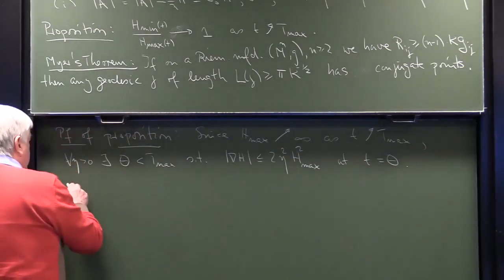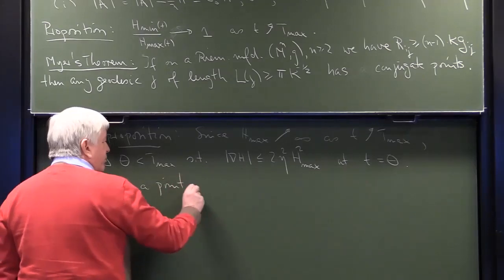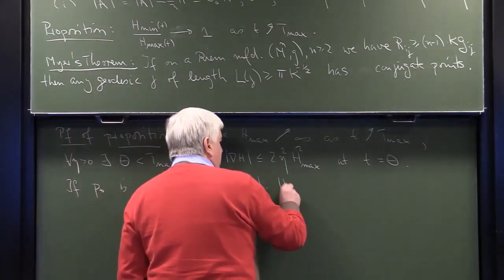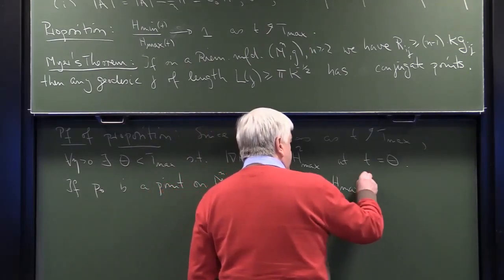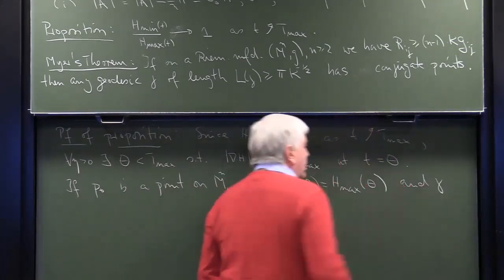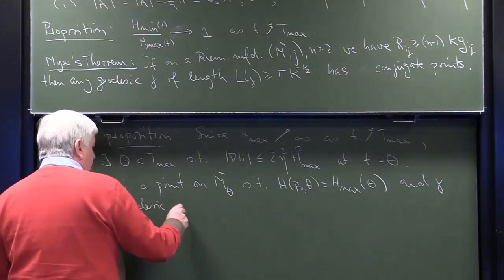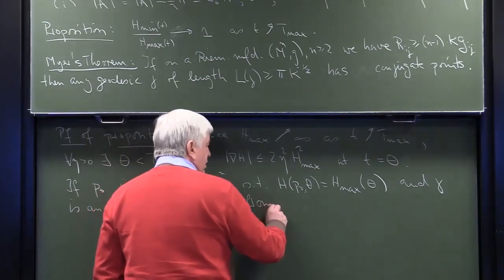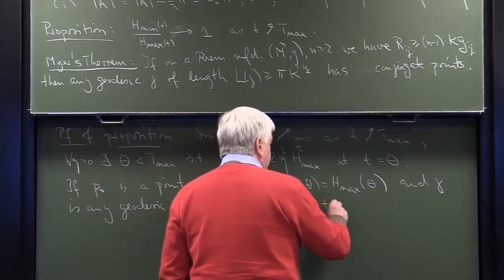So if we then take a point P naught on the surface at time theta such that the mean curvature at that point attains its maximum, and gamma is any geodesic emanating from P naught at time t equals theta.